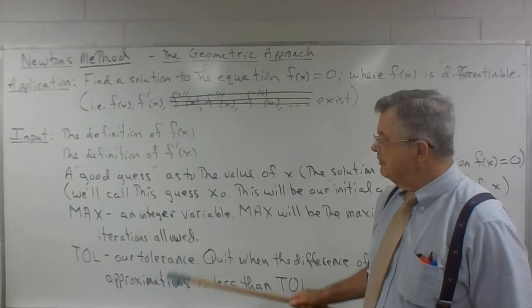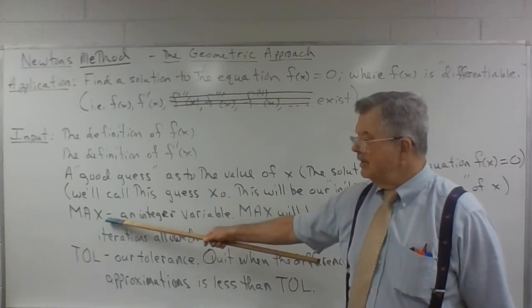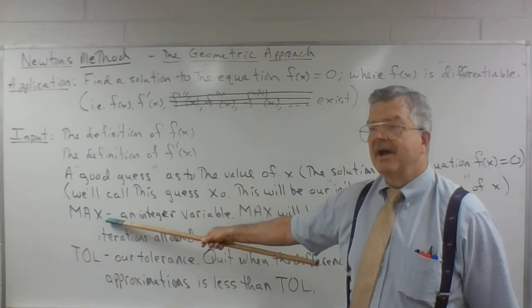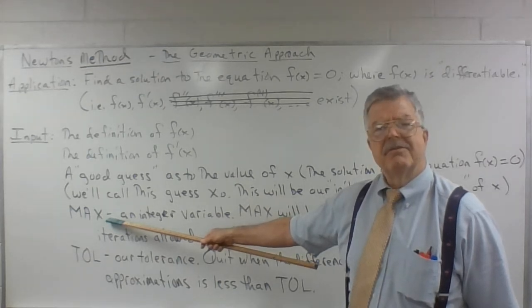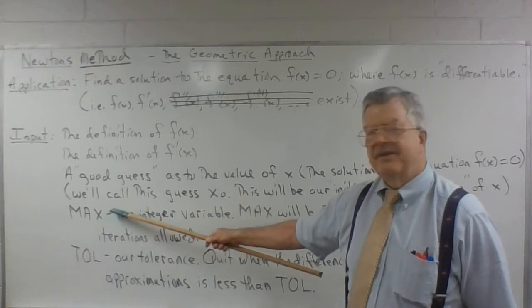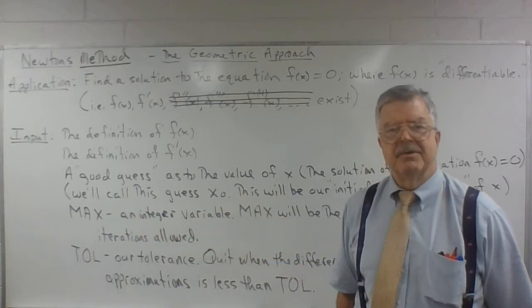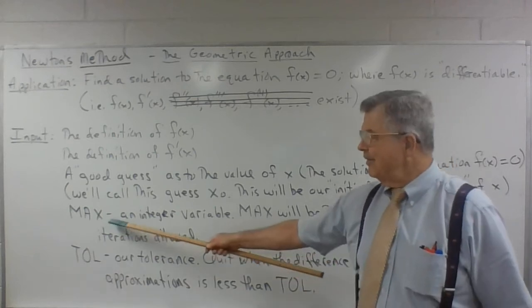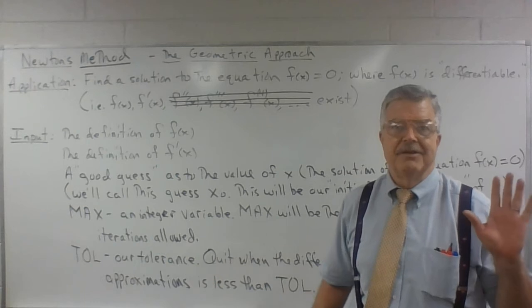So we have the maximum number of iterations that we'll allow before either we get a solution or we decide that, given this initial approximation of x, this algorithm's not going to converge, so we'll stop. And with Newton's method, certainly a value of max equal 30 is high enough.